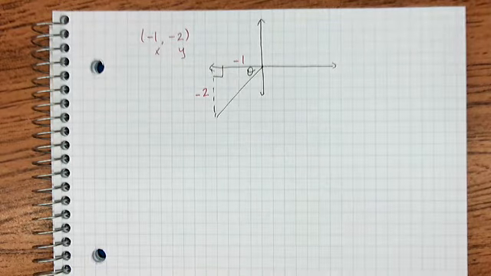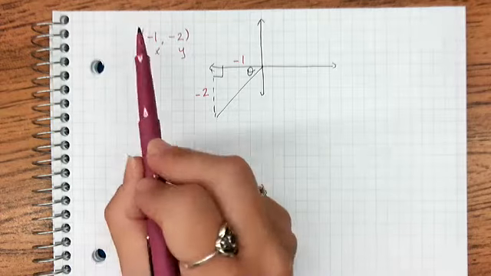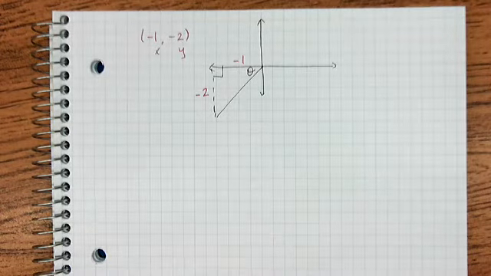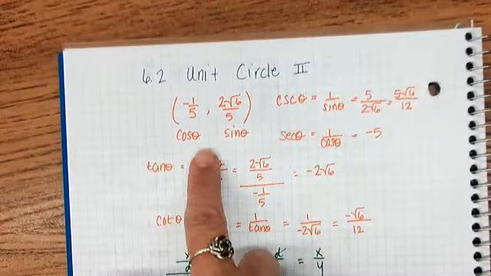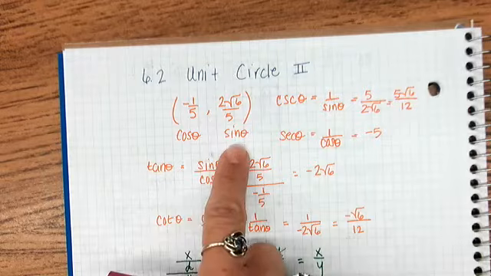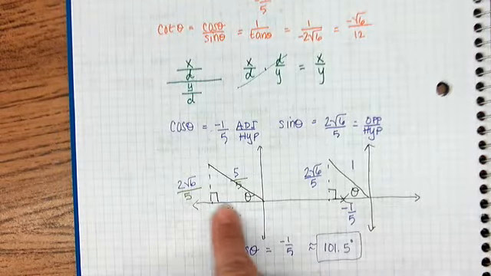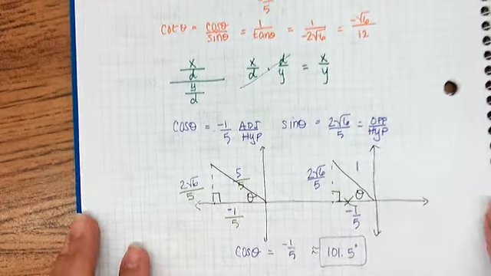So wait a second. In the previous example, I said that x was the cosine, y was the sine. We labeled our triangle. We drew the triangle. I made a similar triangle. Why can't I do the same here?